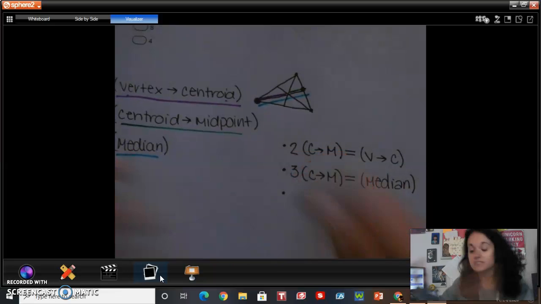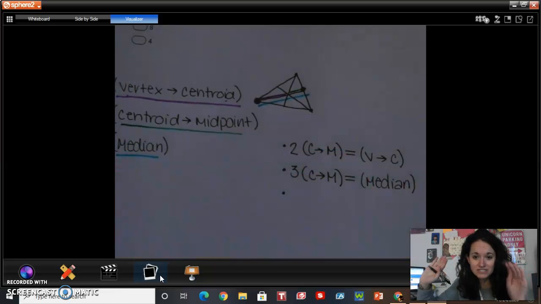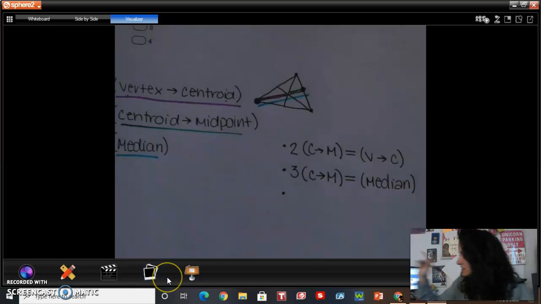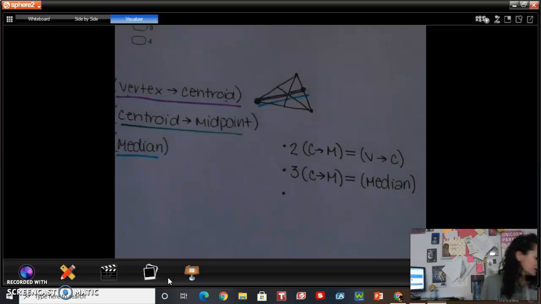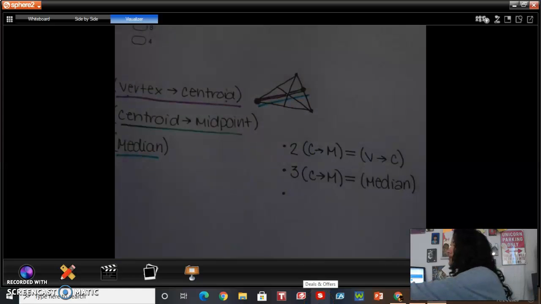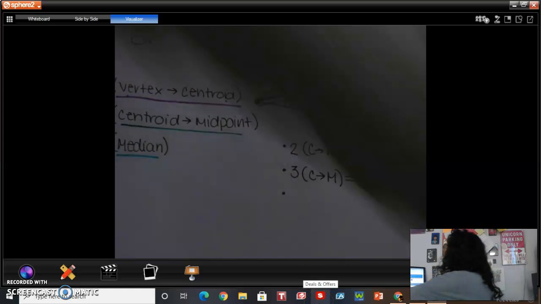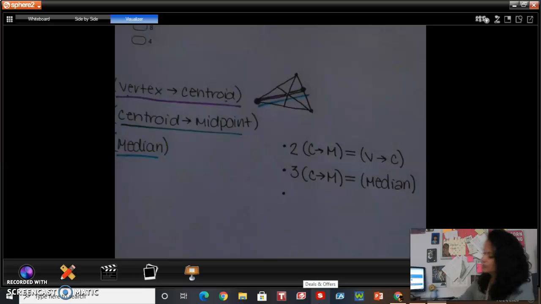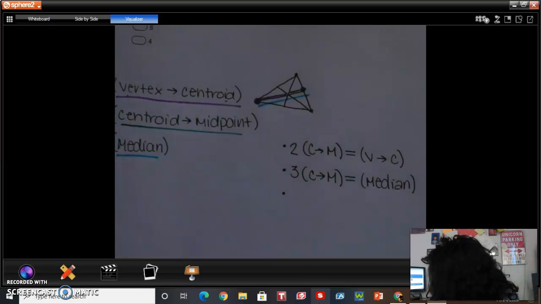And then the last one, this is the one that I keep messing up on when it comes to remembering it. So let me check again because I don't want to tell you wrong. I think it's the vertex. I got this. I know I do. I need to post it. Okay. The median.